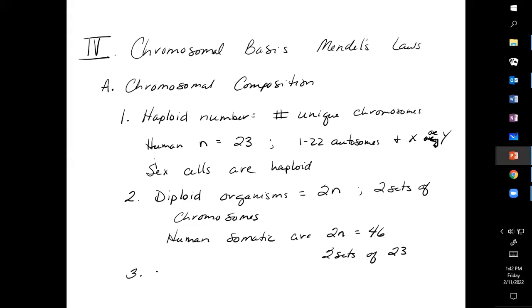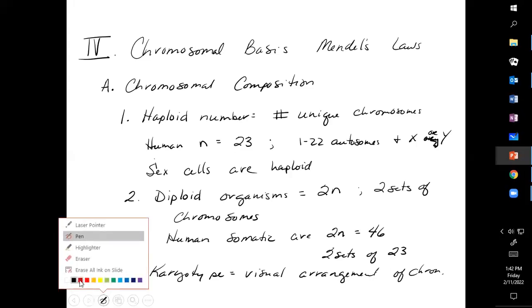The depiction or visualization of the chromosomal composition in an organism is the karyotype. So it's a visual arrangement of the chromosomal composition. And chromosomes are passed on each time a cell divides.